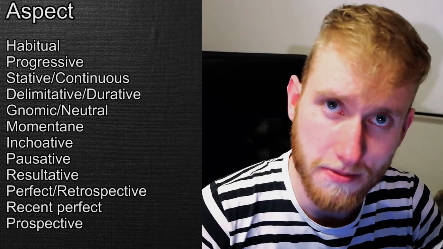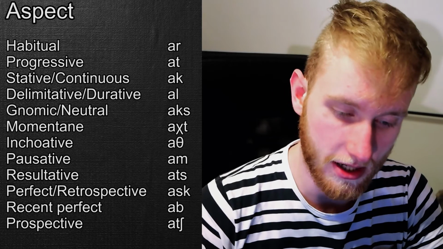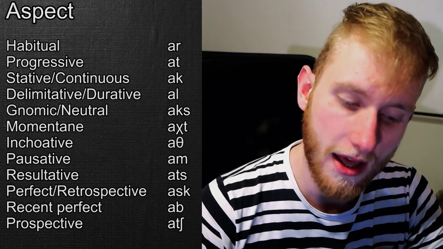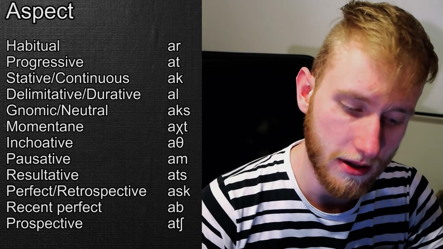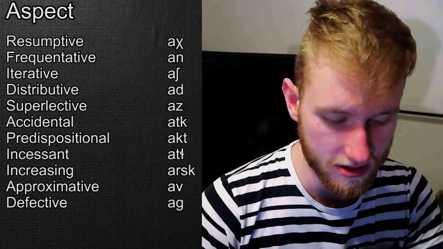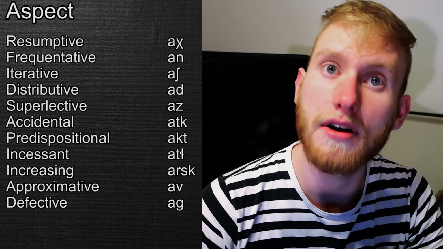So let's say this verb takes place in the present, then we get ar, at, ak, al, ax, acht, ath, ats, ask, ab, ach, ach, an, ash, ad, as, atk, act, ach, ask, av, ag.